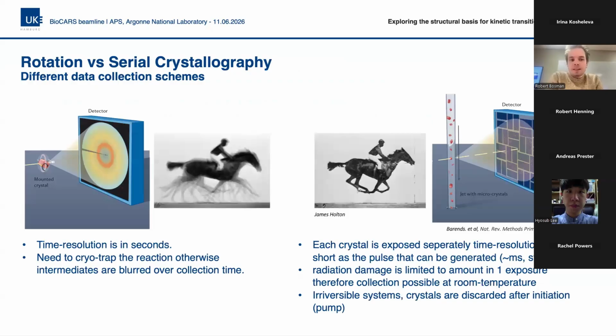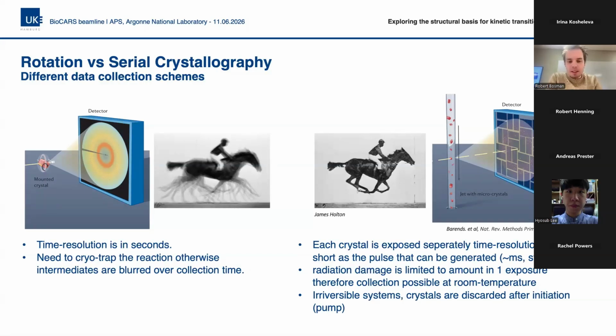And so obviously the big boon in this space has been the development of serial crystallography, which I'm sure many of you are pretty well versed in. Our advantage here is that we're shooting thousands of crystals once, and then we're merging the reflections from all of these separate partial diffraction patterns.